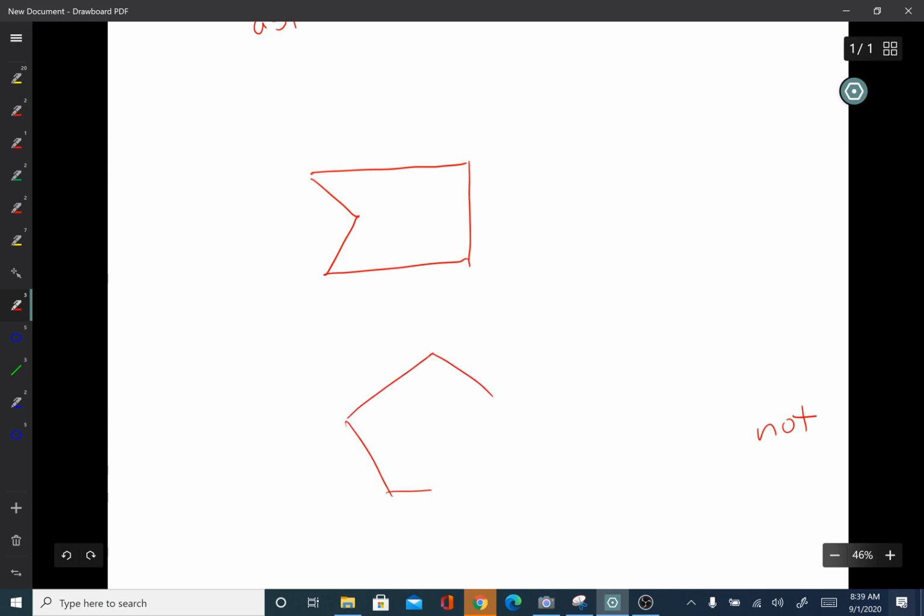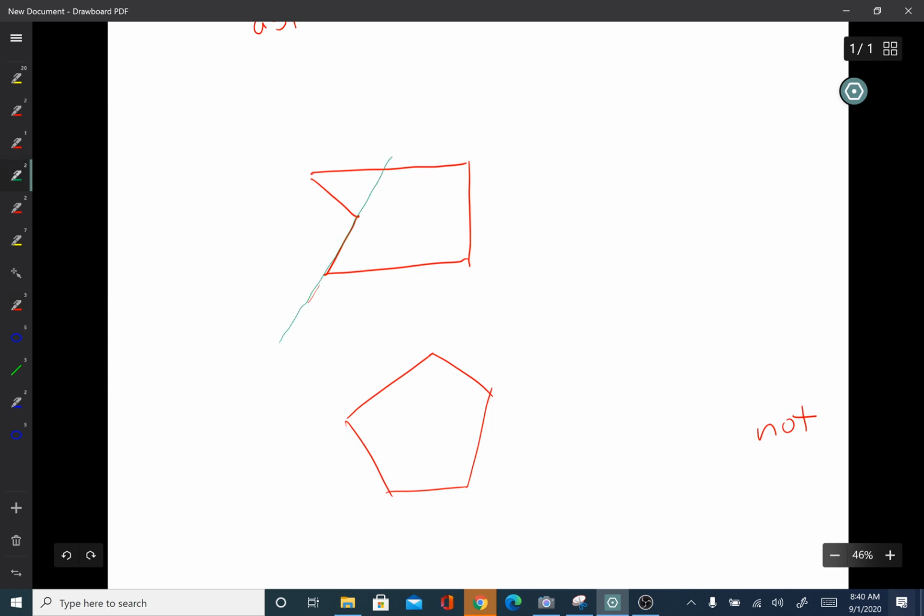All right, so there's another way to tell if something's concave. If I was to draw something that I think might be concave, like this, and then draw something that is not concave, something like this. Now watch what happens. If I draw a line through a side, I'm going to do this in another color.